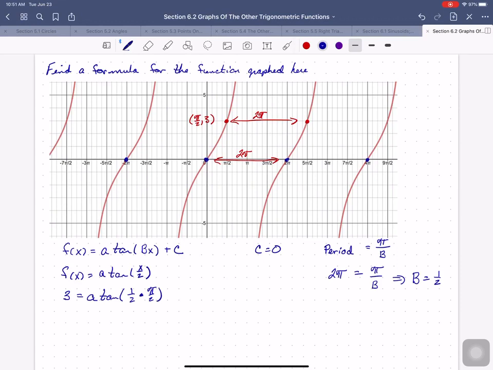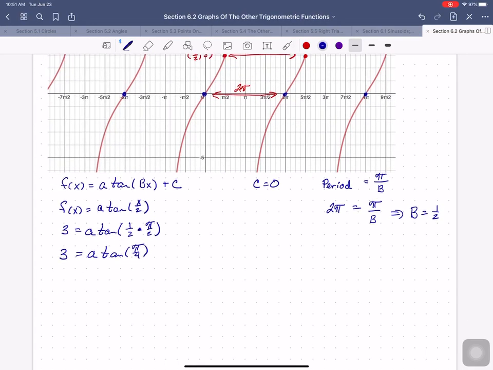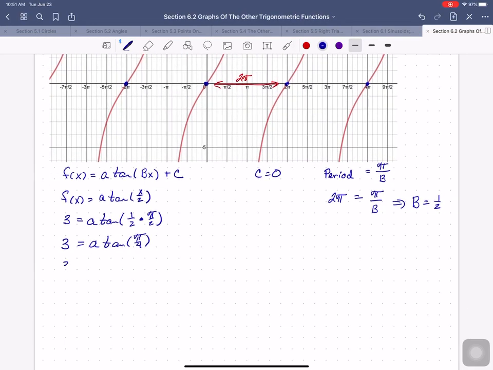Well, 1/2 of pi over 2 is pi over 4. So that means that 3 is equal to a times the tangent of pi over 4. And we remember that the tangent of pi over 4 is 1, which means then that 3 equals a. So our final result is that this function is 3 times the tangent of x over 2.